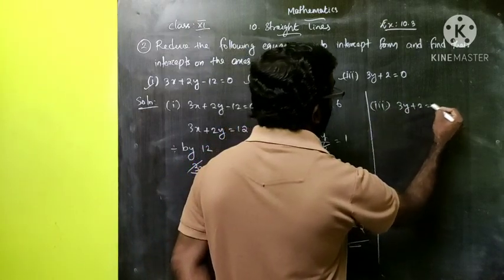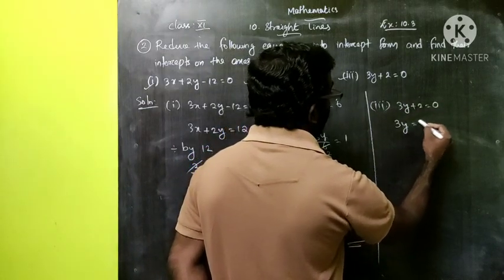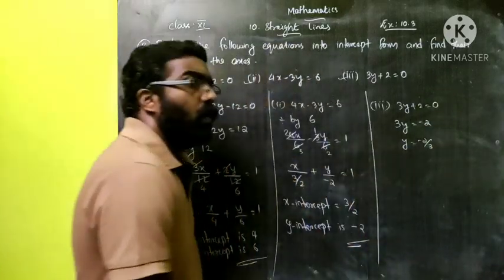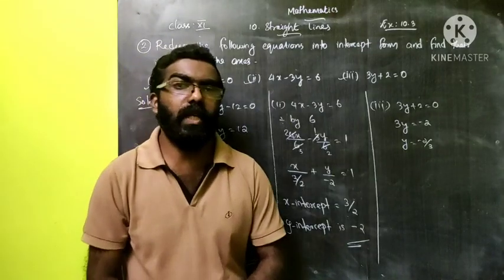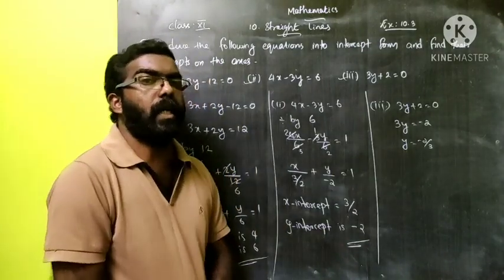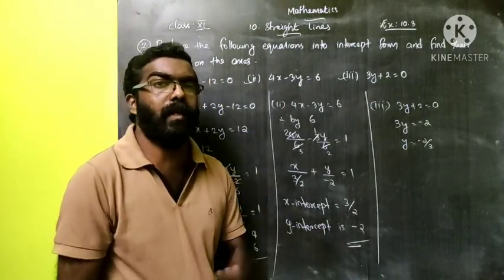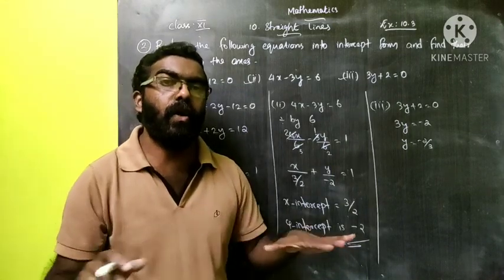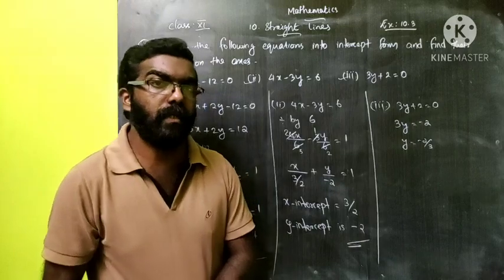Okay. And the last one is 3y plus 2 is equal to 0. From this we can write 3y equal to minus 2 and y equal to minus 2 by 3. We know y is equal to a is a line which is parallel to x-axis. That means the line doesn't touch the x-axis. So there will be no intercept with the x-axis.